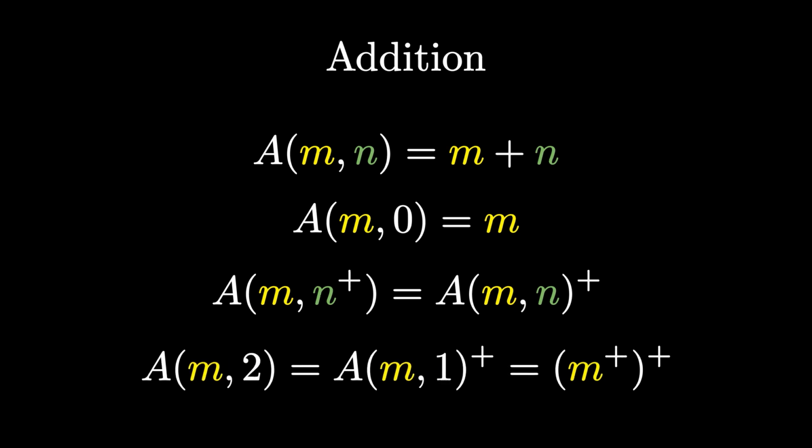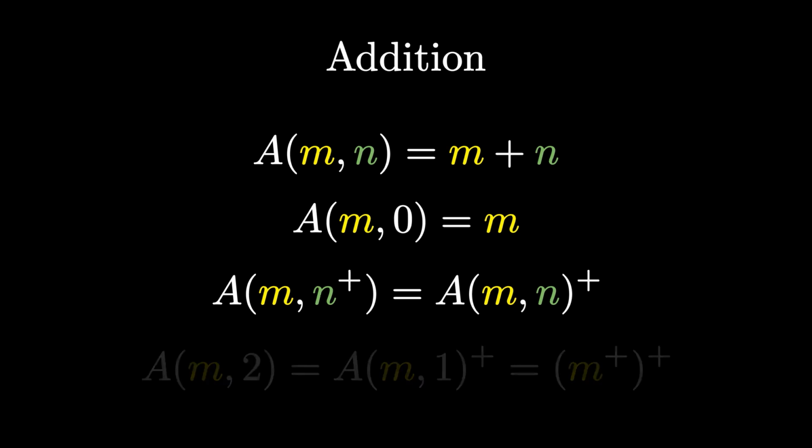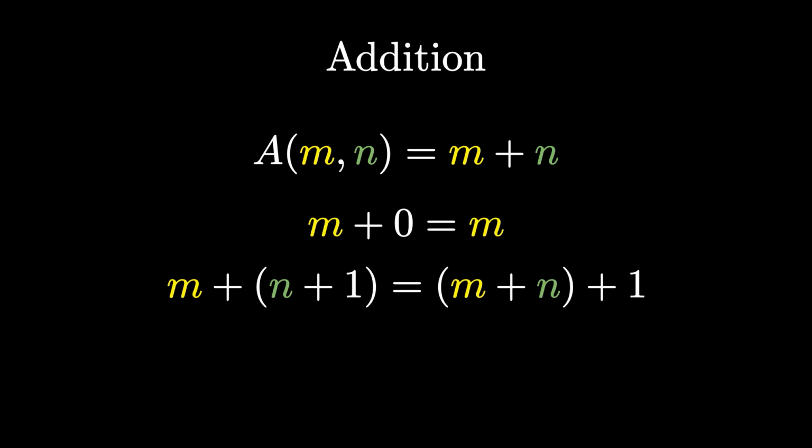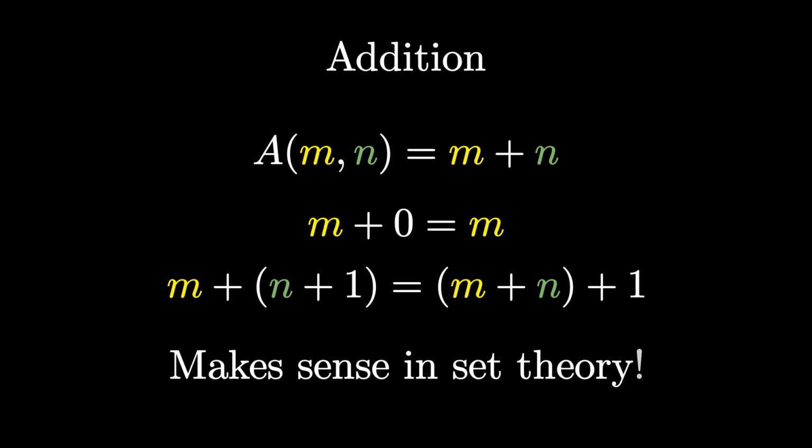Now, if we want, we can use our usual notation for addition, and well, it looks very familiar. The reason we write this as a function is because we can formally describe these as sets, and so all the operations make sense in set theory.